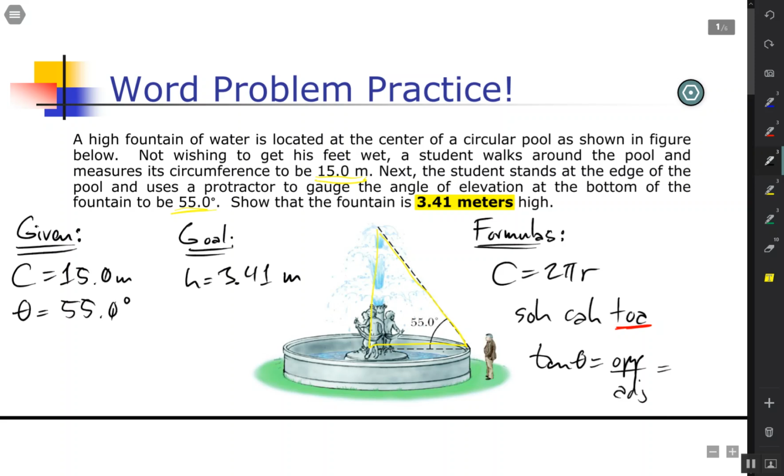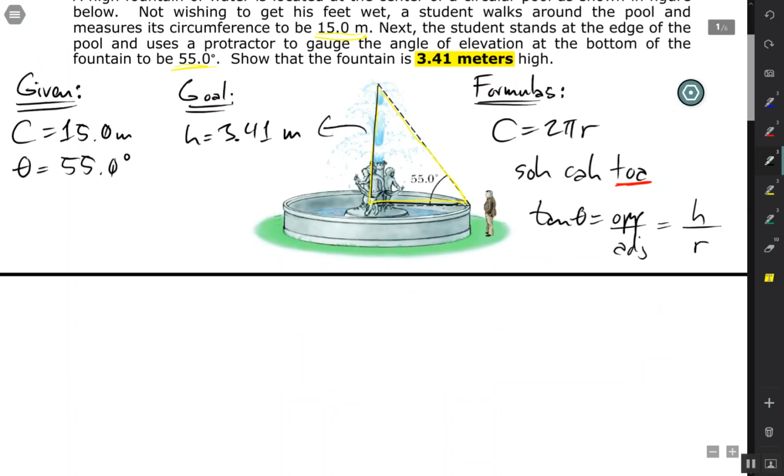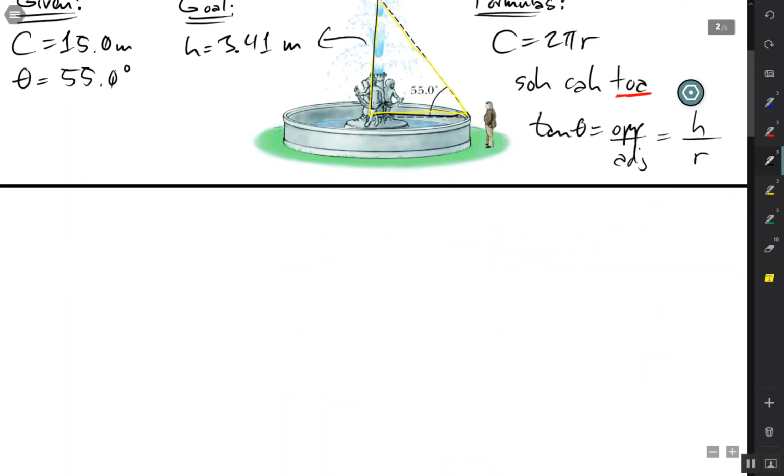Okay, but take note, our opposite right here is actually already our height, and our adjacent to the angle, 55 degrees, is actually our radius r. Okay, so that's where our formula for the circumference comes in. So we're already ready to solve it. This one's not too bad.